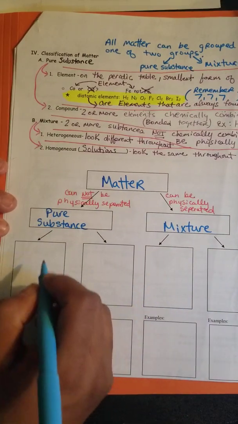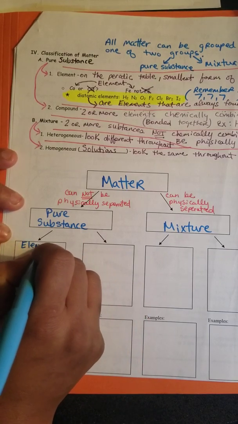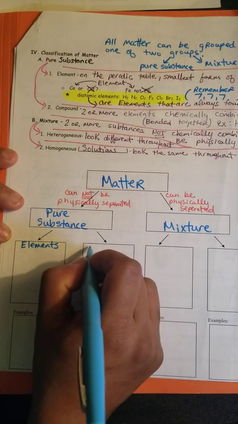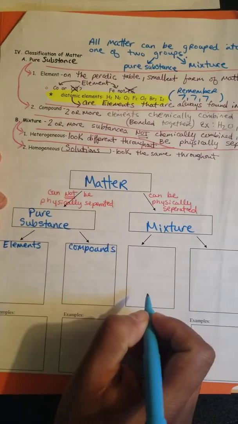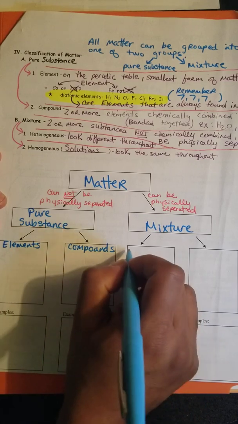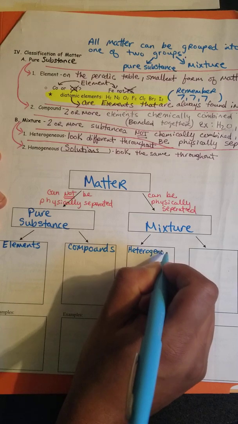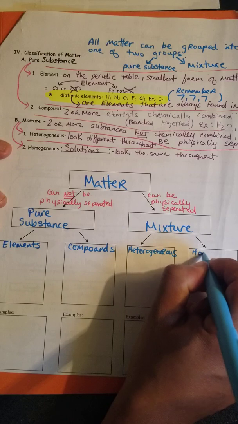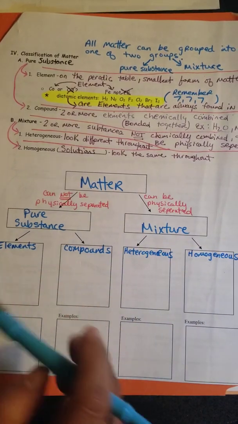On this side, one kind we have is elements. Leave the space down here, we're going to do something. And the other type of pure substance are compounds. Mixtures, there are two types of mixtures. We have heterogeneous, and we have homogeneous.